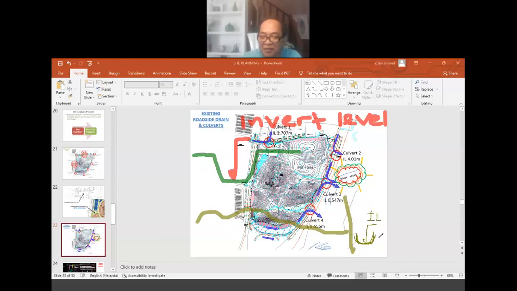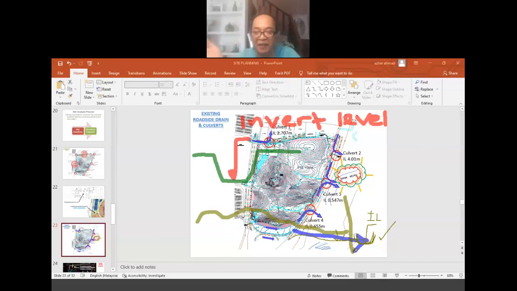So if we want to make use of this invert level, therefore the level di dalam tapak ni will naturally be controlled so that now, on this part the level has to be diturunkan, it has to be reduced so that dia akan match dengan invert level di luar, so that water from the site can be released to the drain, air boleh mengalir masuk ke dalam drainage.